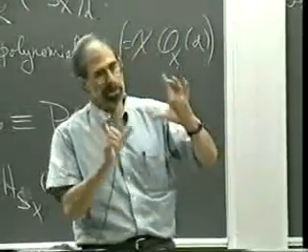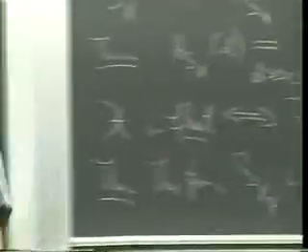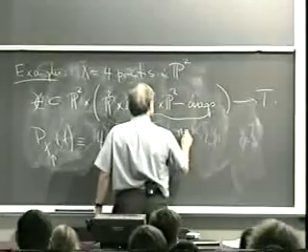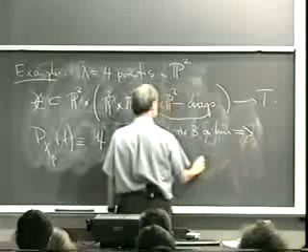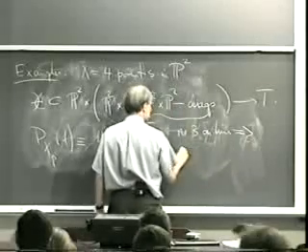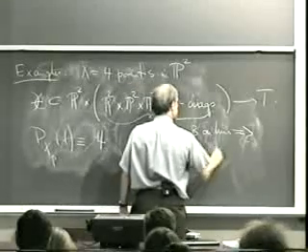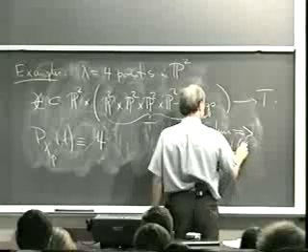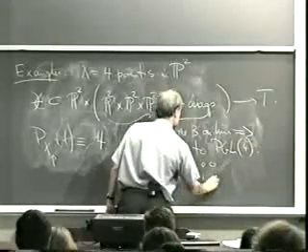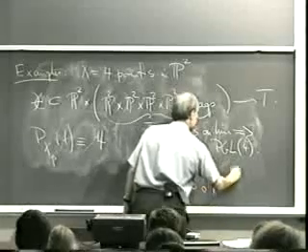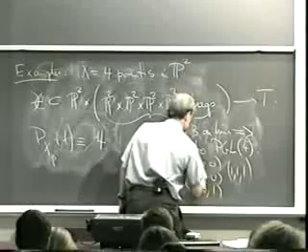Because if 4 points, no 3 of them lie on a line, then after projective transformations, you can always reduce them. So if no 3 on a line, then you can write the points, after projective transformation, up to PGL of 4, as 1, 0, 0; 0, 1, 0; 0, 0, 1; and 1, 1, 1. Right?